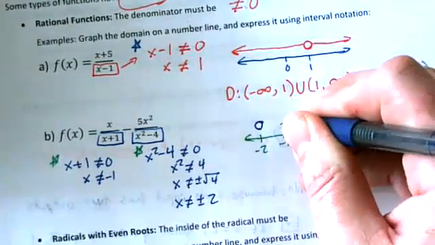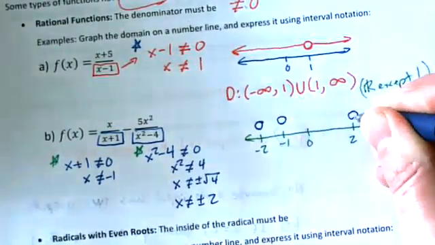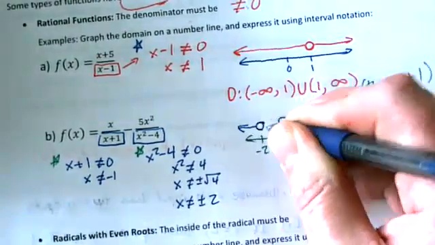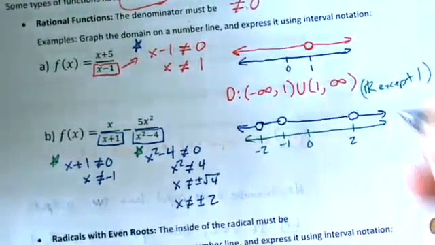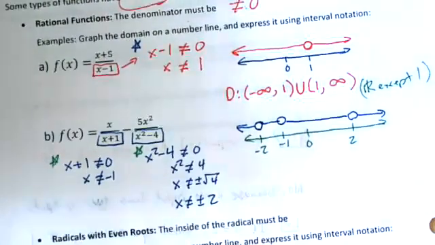We'll have open dots at each of those and then fill in the rest of our number line. And our interval notation is going to get kind of messy in this one. We have dealt with worse.